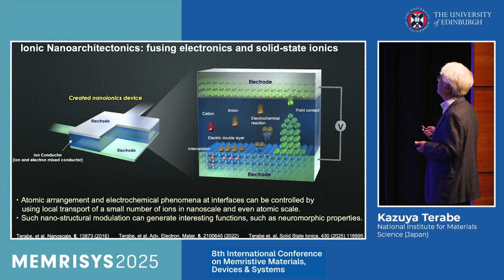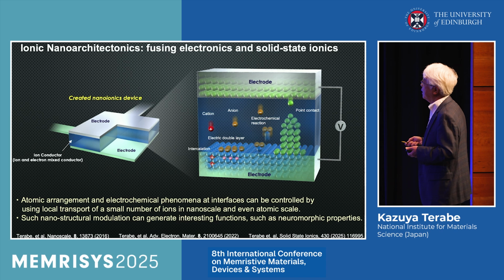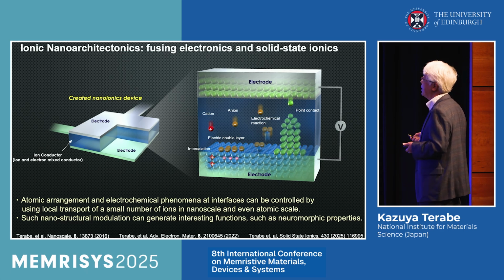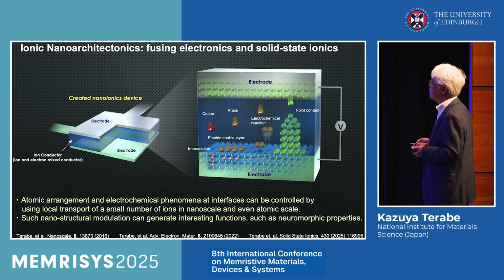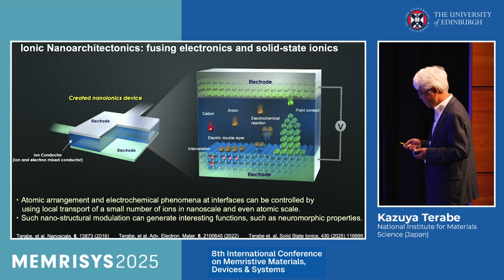By applying voltage precisely, we can control the atomic arrangement and the electrochemical phenomena at the interface, which can be controlled by using the local transport of a small number of ions at the nanoscale and even atomic scale. Such structural modulation can generate interesting functions such as neuromorphic properties.